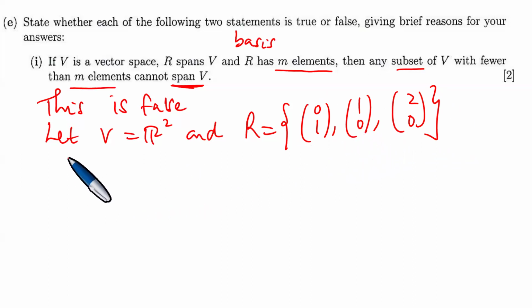And now, how many elements do we need to span V, to span R2, to generate R2? We need 2 vectors only. But now we can take this one that is 3 vectors.